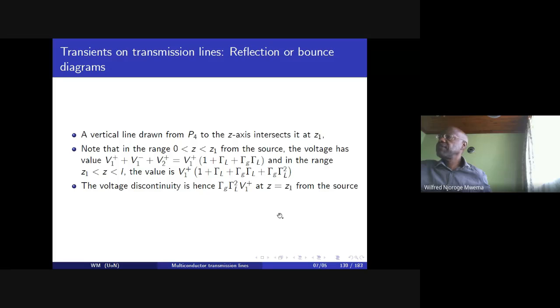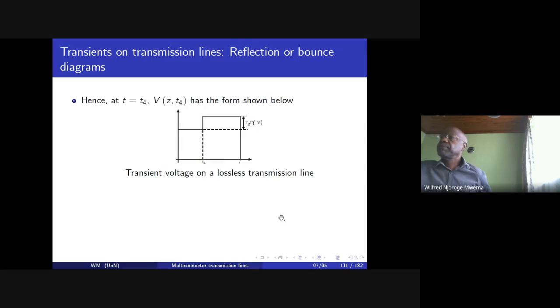So the value of V versus t is going to have a step. Hence, we can write that the time evolution of that voltage is given by this: the low value up to t, and then it increases to a higher value as we go towards the load, because we have added a new reflected component onto the voltage there.